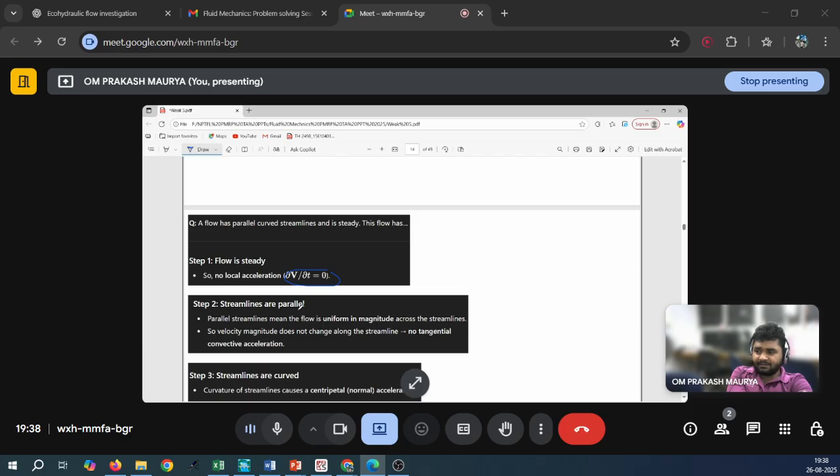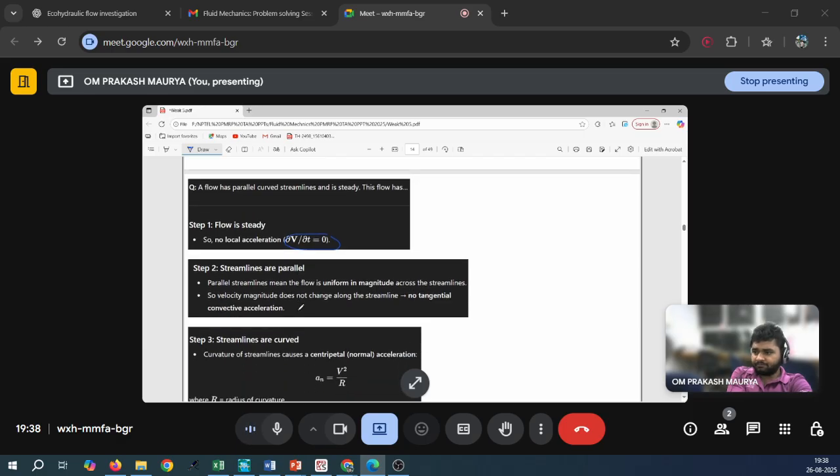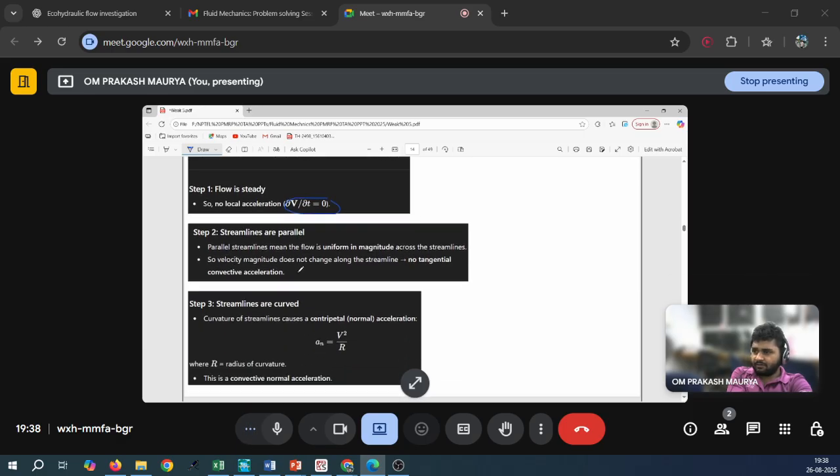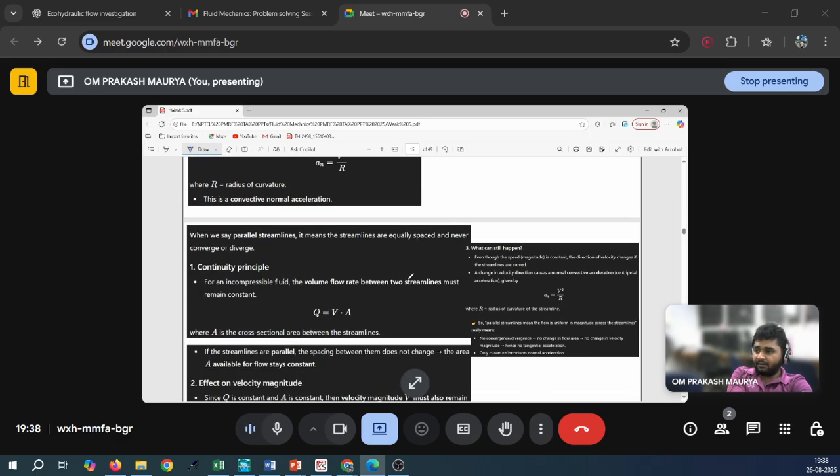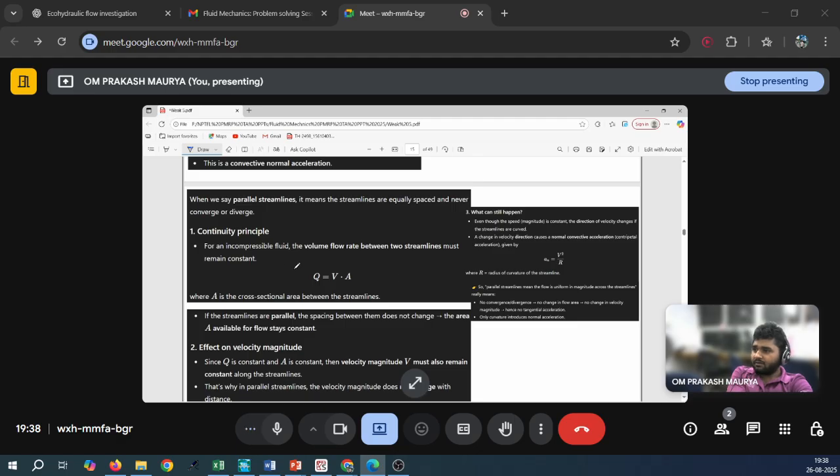Streamlines are parallel means the parallel streamline means the flow is uniform in magnitude. And why uniform in magnitude? For that I also have the concept. For an incompressible fluid, the volume flow rate or discharge between two streamlines must remain constant.